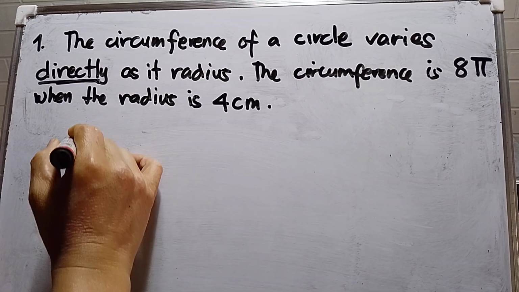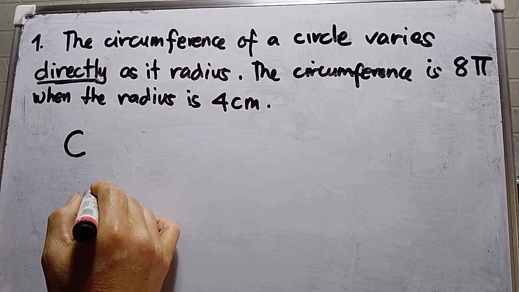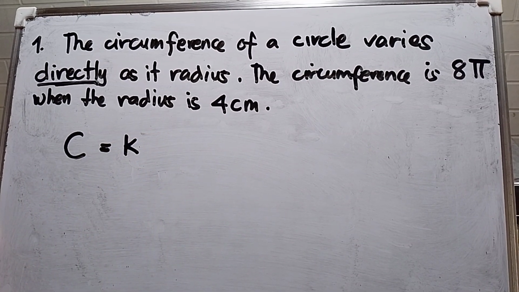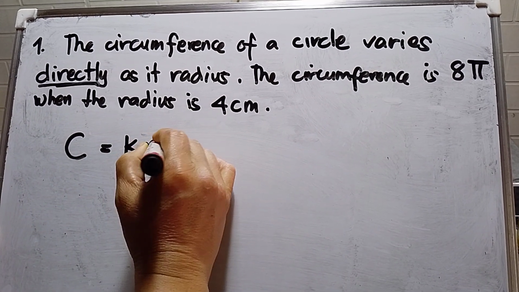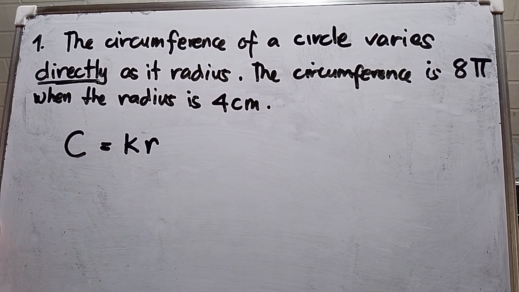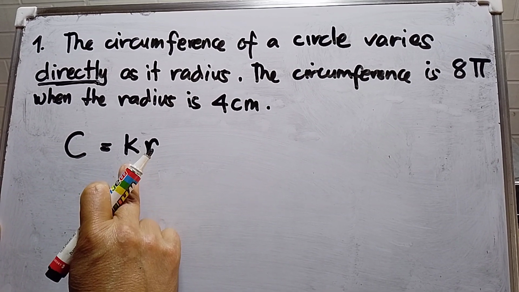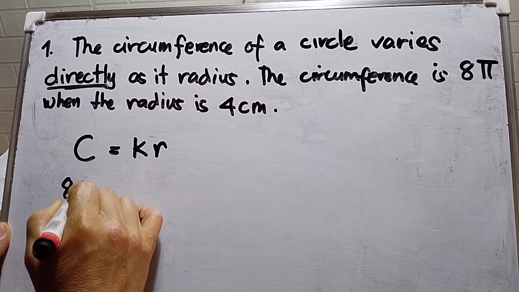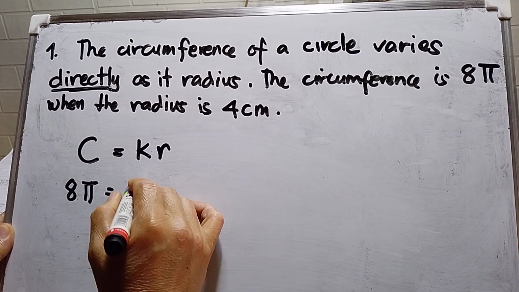So we are talking about circumference is equal to constant of variation times the radius. So let us solve first the constant of variation. So I have here the circumference is 8 pi, and then k.